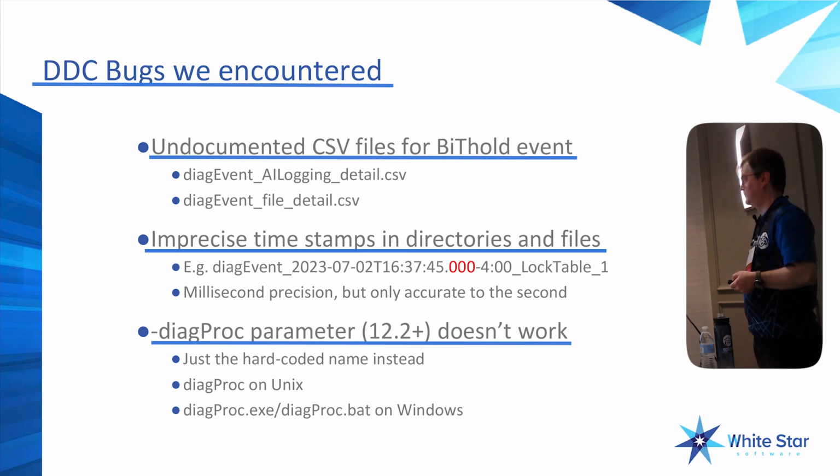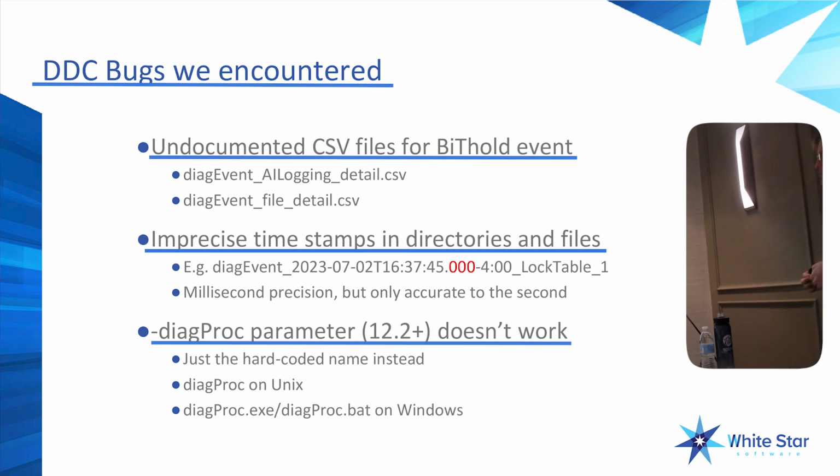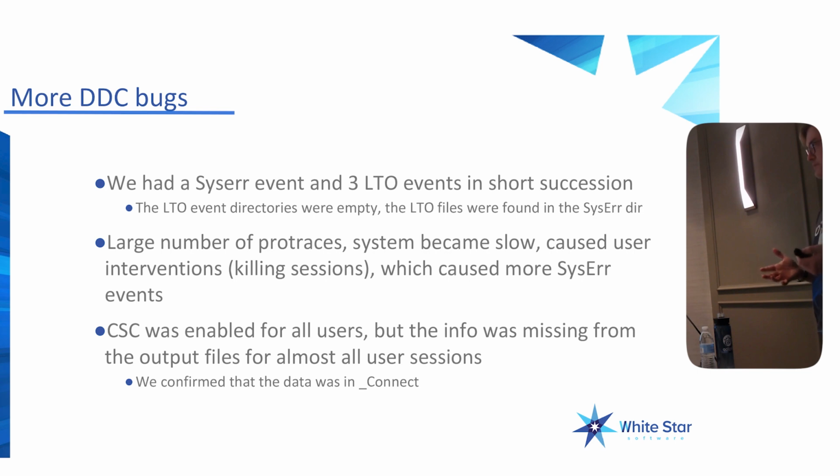And this one, I would say it's not so much a bug as just an unfortunate collection of circumstances. The configuration, the very large lock table, and very high detail level, generating that many protraces with events that close together meant that most of what the system was doing was generating protraces.